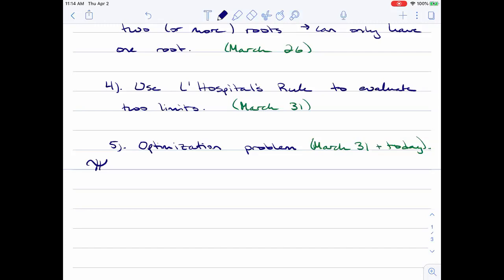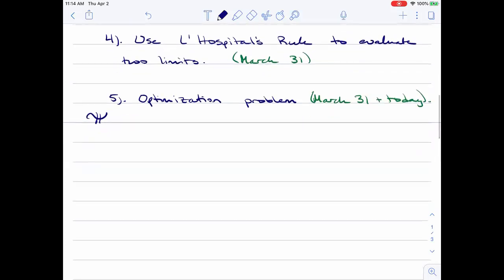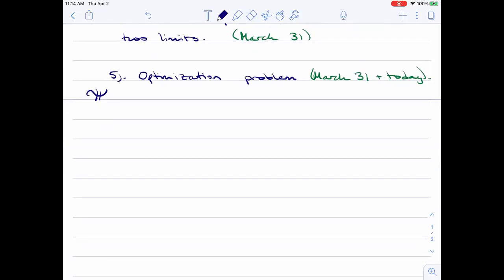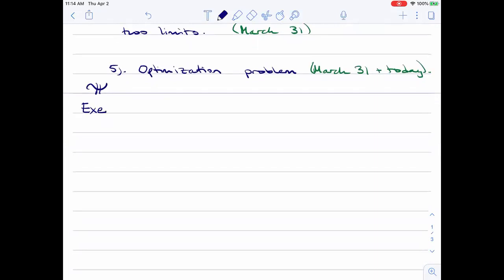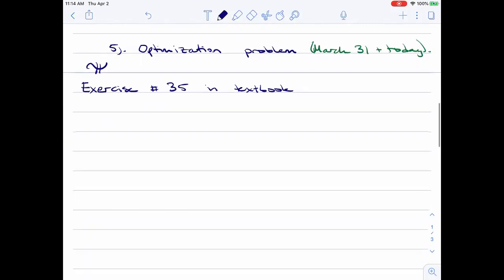All right. So let's do, I've got 2 optimization, I've got 3, but I actually didn't like the 3rd one, so we're not going to bother with that one. So this is from exercise number 35 in the textbook. Okay.